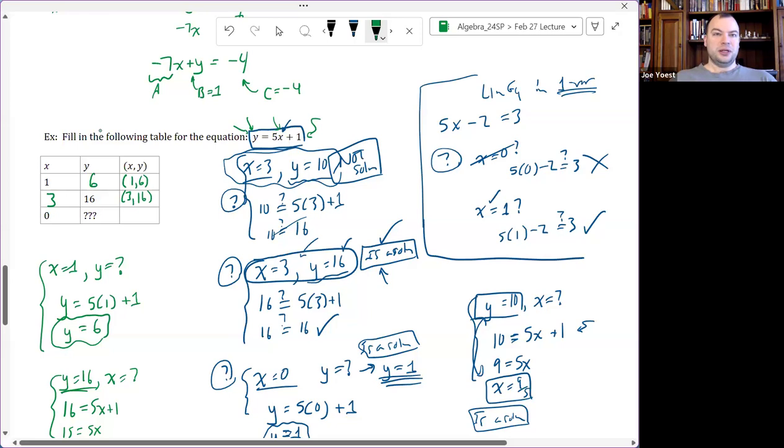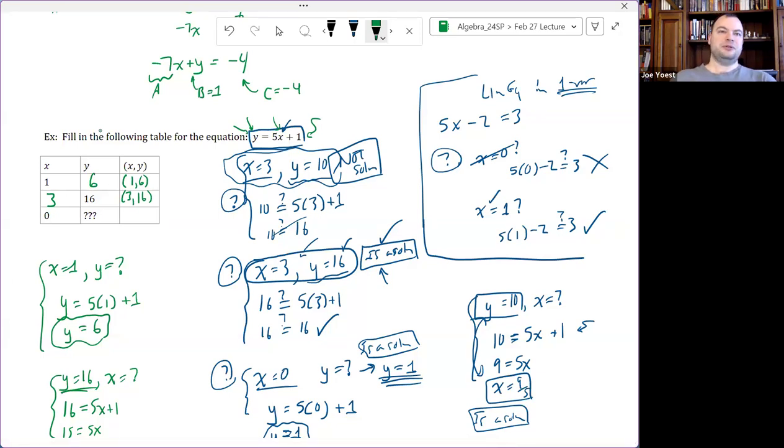Saying, I want this statement to be true, y equals 5x plus 1, I want this relationship between those 2 variables or those 2 degrees of freedom to be true, puts forward one constraint. And quite often, one constraint takes away 1 degree of freedom. So in other words, I have 1 degree of freedom.